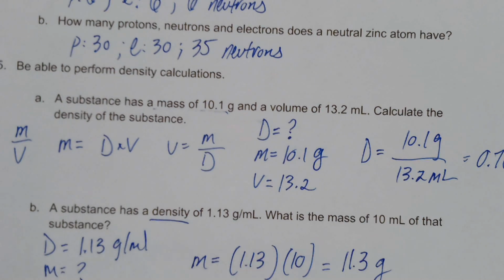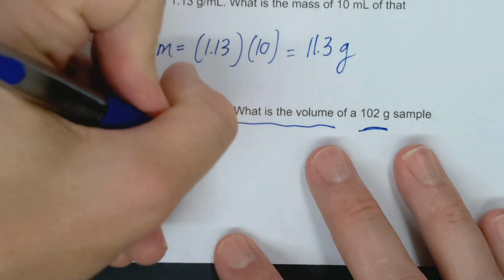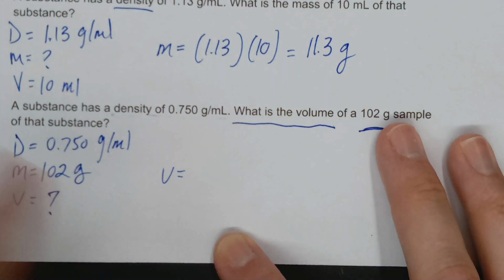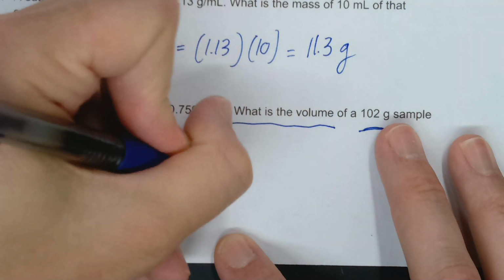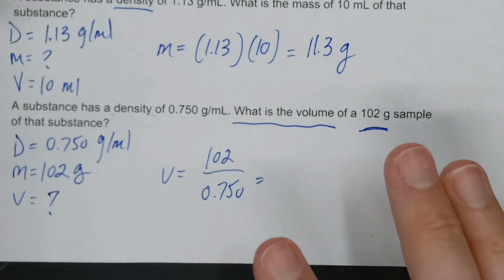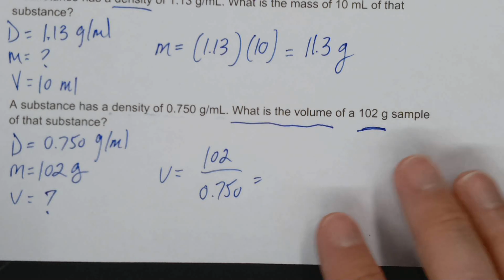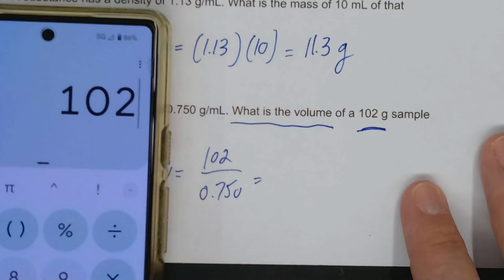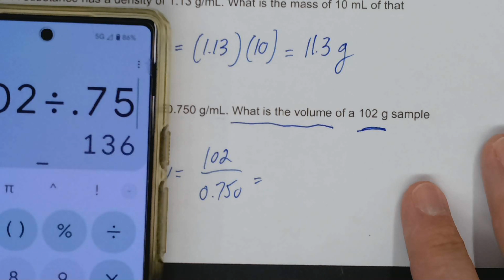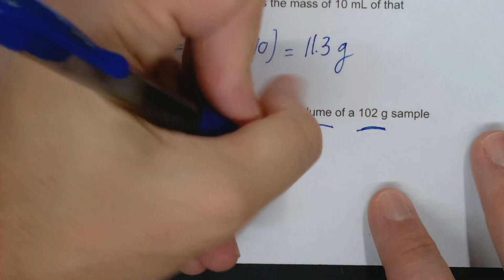So we're going to use the equation where V is on the left side. So V equals M over D. M is 102. D is 0.75. Get our calculator. 102 divided by 0.75 is 136. So our volume is 136 milliliters.